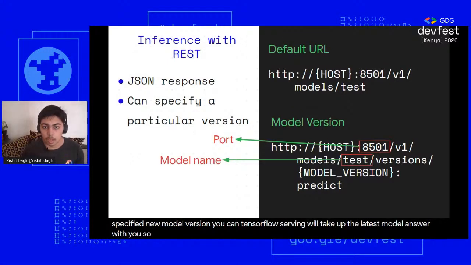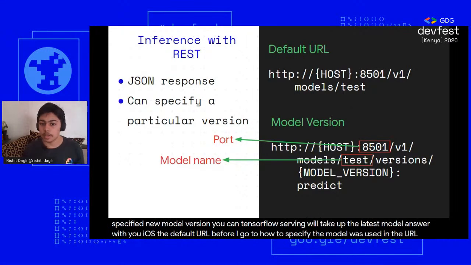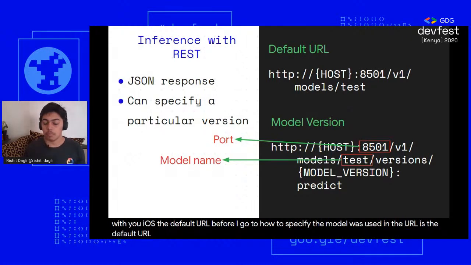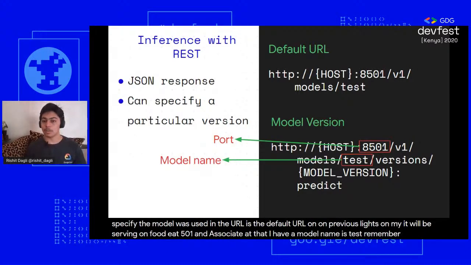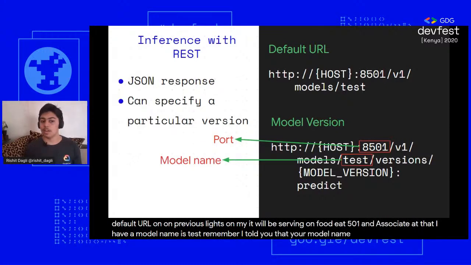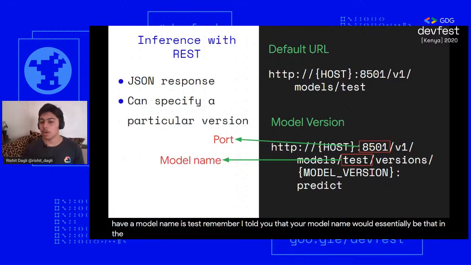So here's the default URL, before I go to how to specify the model versions in the URL. As we just saw on previous slides, it will be serving on port 8501, and also see over here that my model name is test. Remember I told you that your model name would essentially be there in the URL with which you serve.